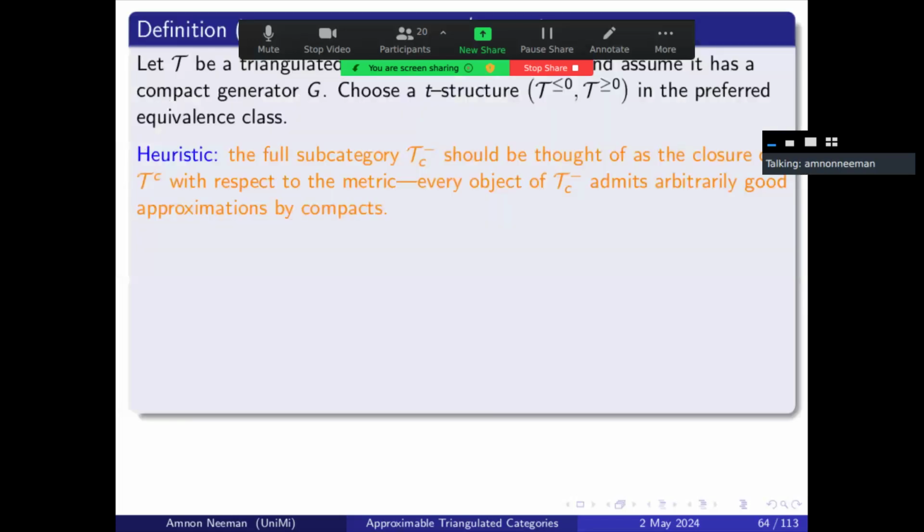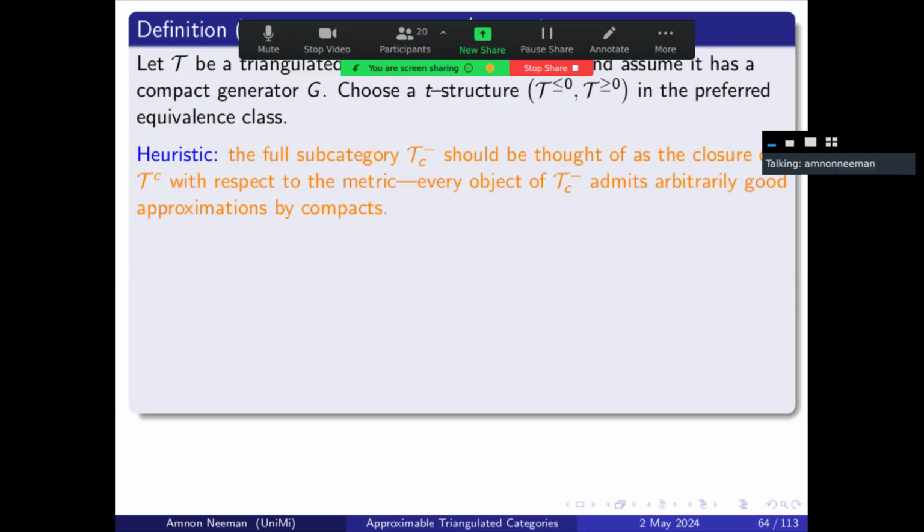And now we go on to the next intrinsic thing. If we have a compact generator G, then there is a preferred equivalence class of metrics. And so up to equivalence, we can speak of the metric on the category. And with respect to this metric, you can look at the closure of the compact objects. So you declare this to be Tc minus.